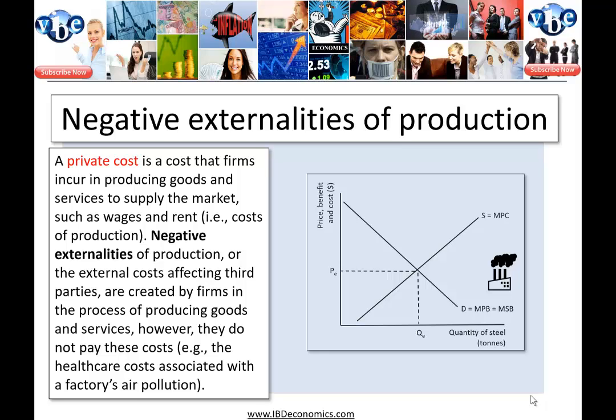So on the y-axis here, we have price, benefit, and cost in dollars, and just quantity as per usual. Supply equals marginal private cost, and demand equals marginal private benefit, which equals marginal social benefit. Marginal social cost is higher when there's a negative externality of production.